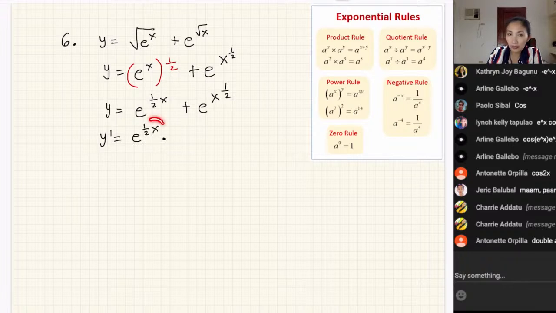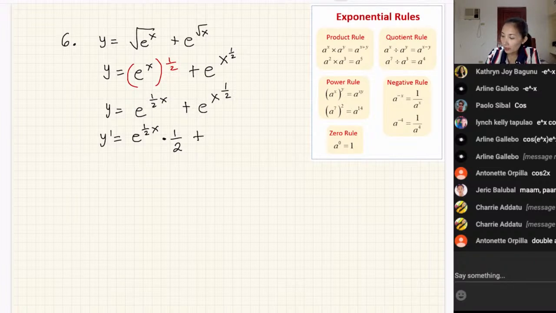The derivative of 1/2 x is 1/2, so times 1/2, plus, again, this takes the form e to the u, so e to the u times du.